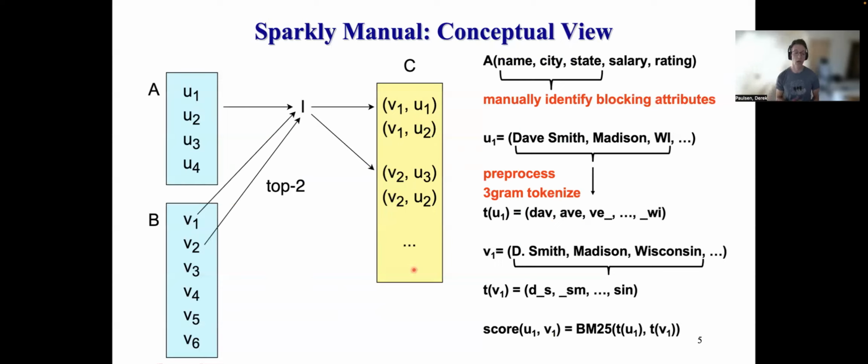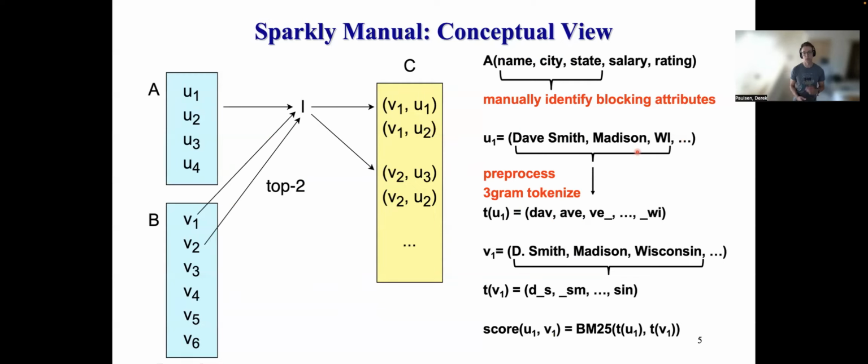Zooming in a little bit on how we compute TF-IDF scores, suppose that table A has these 5 attributes pictured here. We're going to start off by asking the user to manually identify a small set of blocking attributes to be used. Suppose they select these 3. If we take U1, for example, these are the 3 attributes selected for blocking.